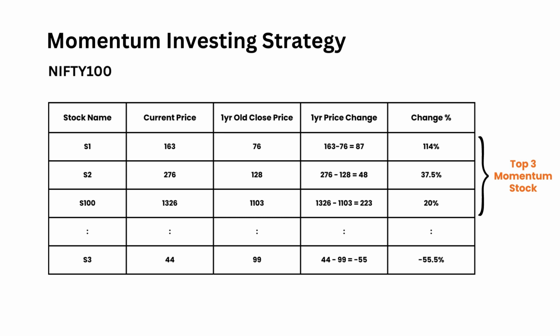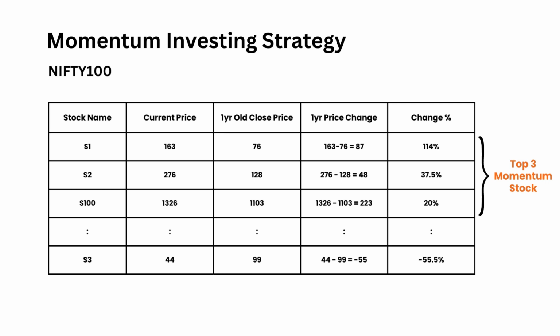From here, we can easily identify the top 3 or top 5 stocks, and these are the stocks having the highest momentum. So I believe it is now clear how we can create a momentum investing portfolio from a stock universe.